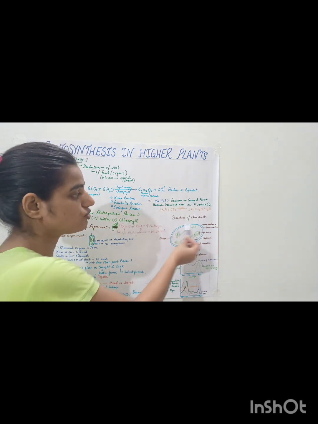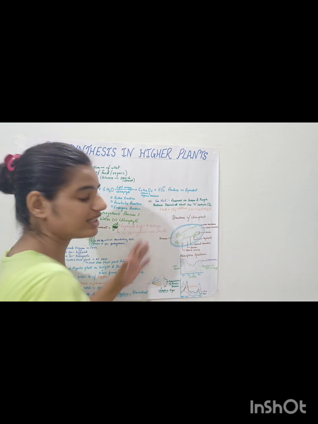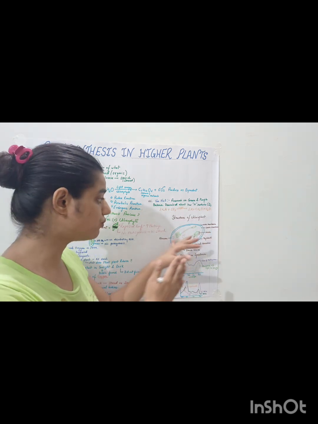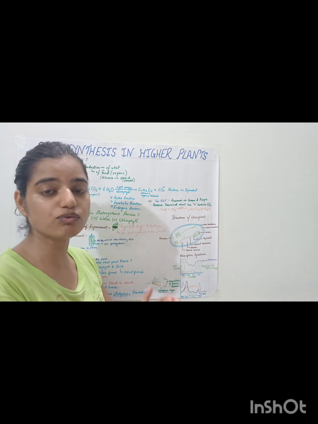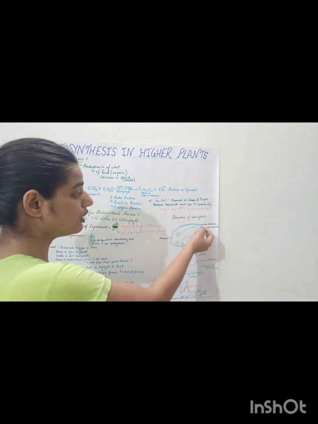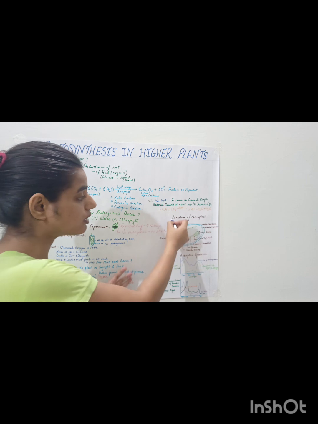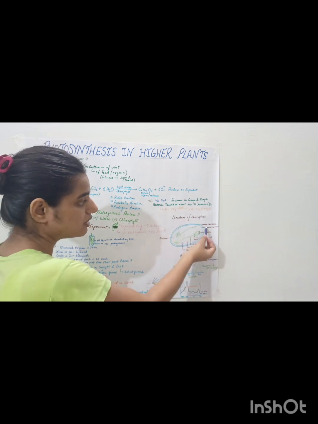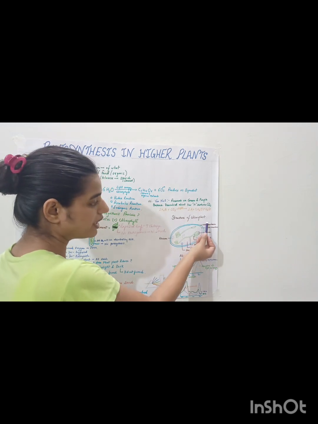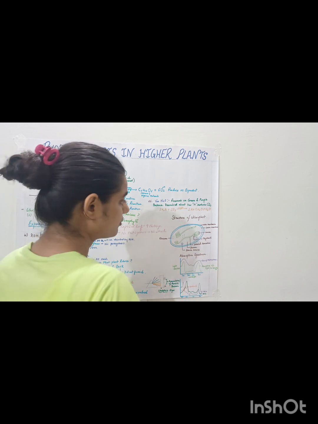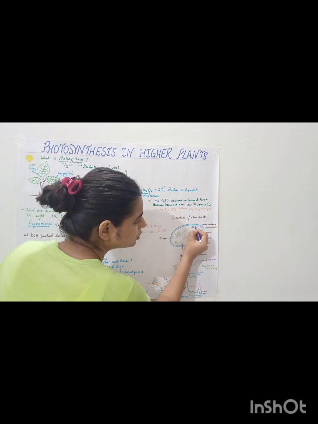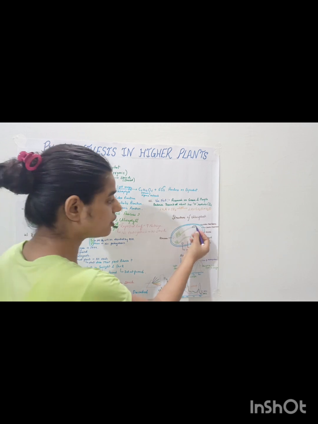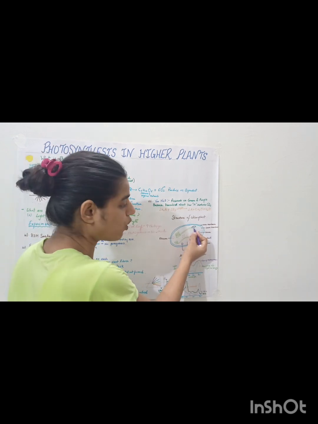Now what is the structure of the chloroplast? What is the basic structure where the photosynthetic machinery is present and the whole process of photosynthesis is occurring? We are going to learn the structure of the chloroplast. The chloroplast consists of an outer and inner membrane. Then this stack-like structure, a single one, is known as a thylakoid.